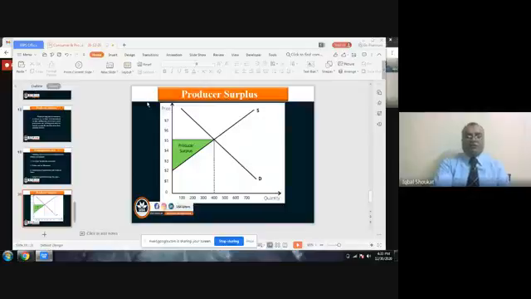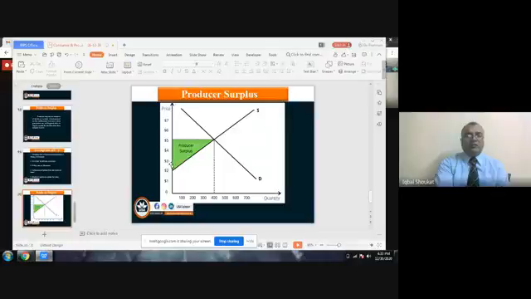Here you'll see the difference of the price a producer is willing to receive and what he actually receives. The area below the equilibrium price, that is known as the producer surplus. Producer is willing to receive $2, but actually he is receiving $5.